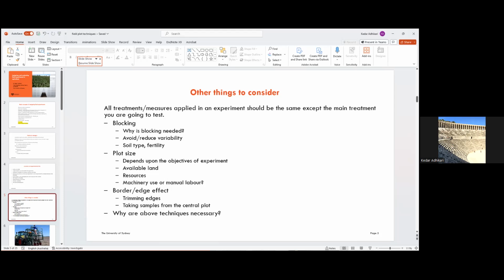And the other thing is plot size. Plot size would depend upon the objectives of the experiment, land availability, and resources, what kind of resources you have, and also whether you are going to plant or harvest with a machine, or you are going to use manual labor.